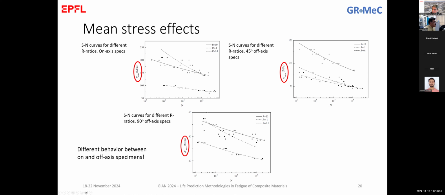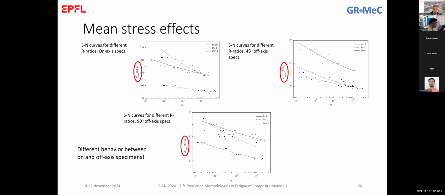And also when we compare to 45 degrees and 90 degrees, the material is quite critical for the cases that have been discussed before.